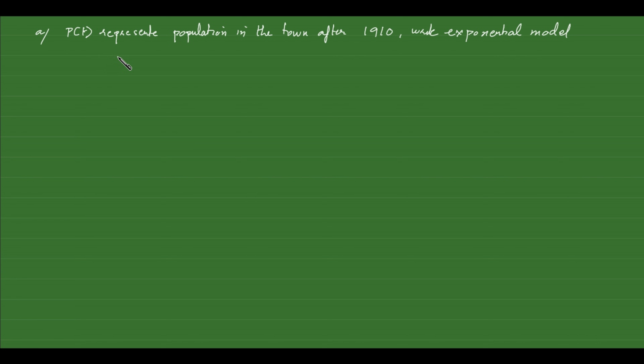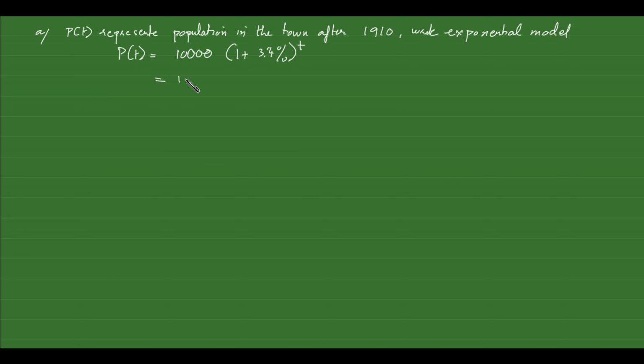All right, so we're going to use that formula. So we're going to have P of t equal to 100,000 times 1 plus 3.4%, which is 1 plus 0.034, raised to the t.